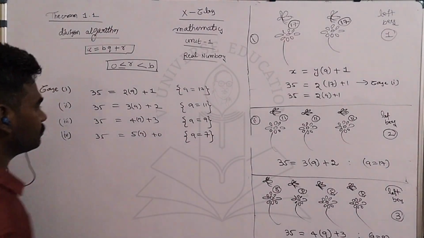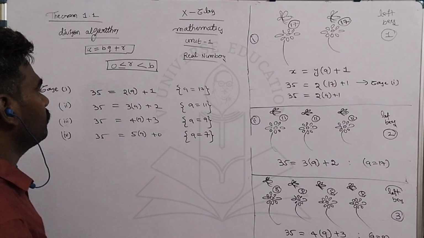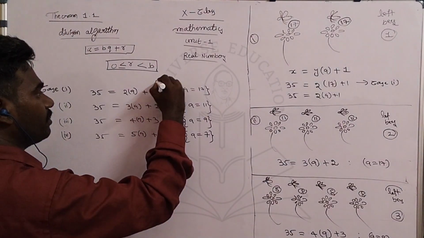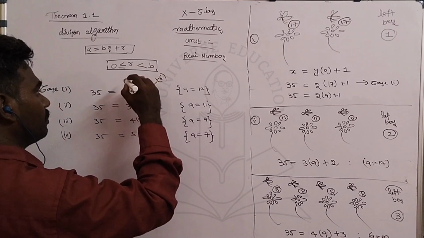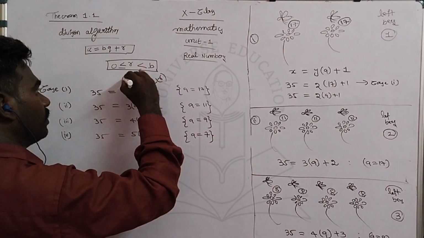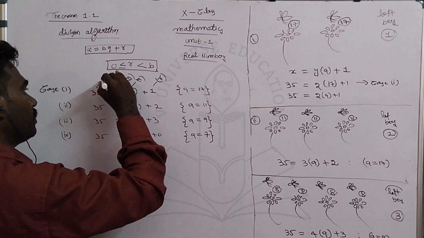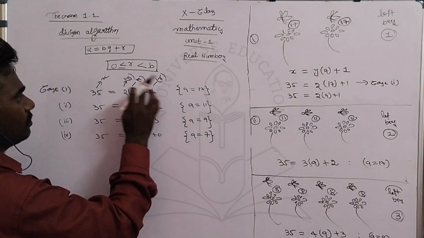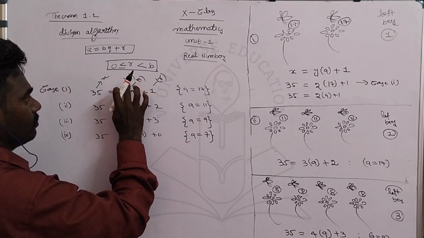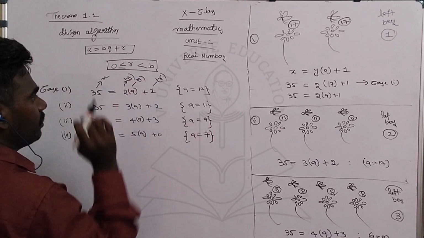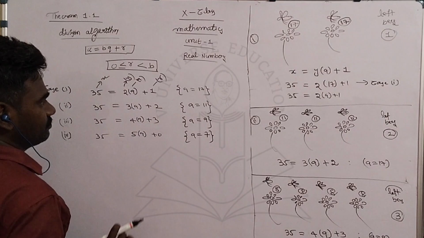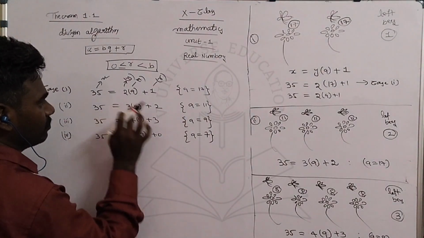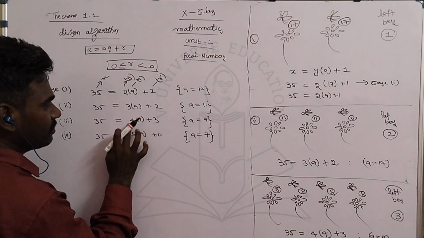So we can observe here, this is the remainder R, this is A, this is Y, and this is X. Just observing R and Y, this R is always less than Y. Here 1 is less than 2, here 2 is less than 3, here 3 is less than 4.